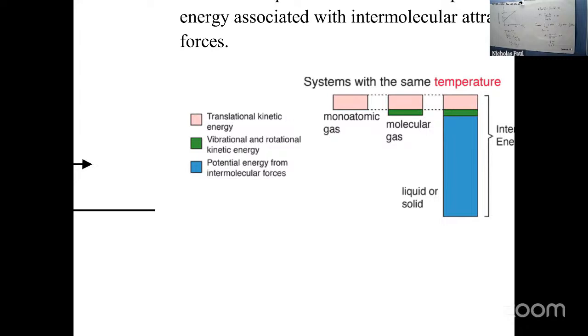For a monoatomic gas, you only have kinetic energy. For molecular gas, where the particles are bonded together, they have vibrational, rotational and translational kinetic energy. And for liquids or solids, they have the bonding plus the vibration, so a mixture of vibrational and translational.